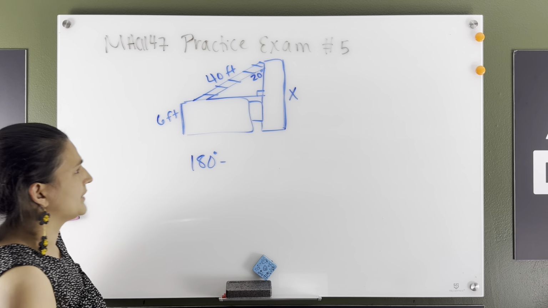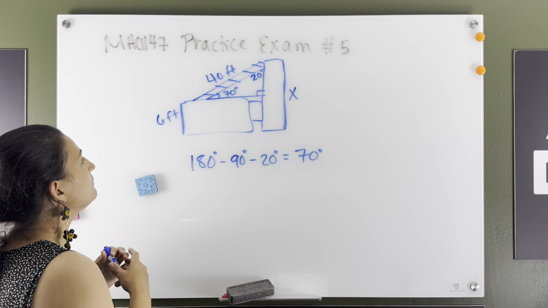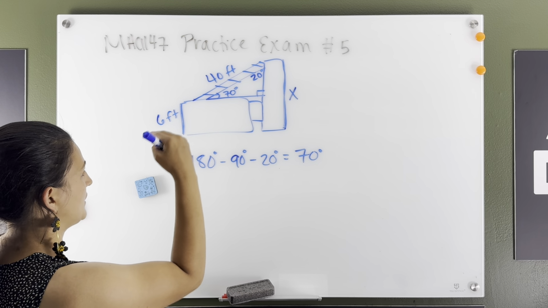And that's gonna give us 70, right? So this angle is 70 degrees. And why did I do that? Well, technically you could use the 20 degrees, but the reason I did that is because I wanna try to solve for x, right? I wanna see how tall this building is to the point where the ladder touches it.